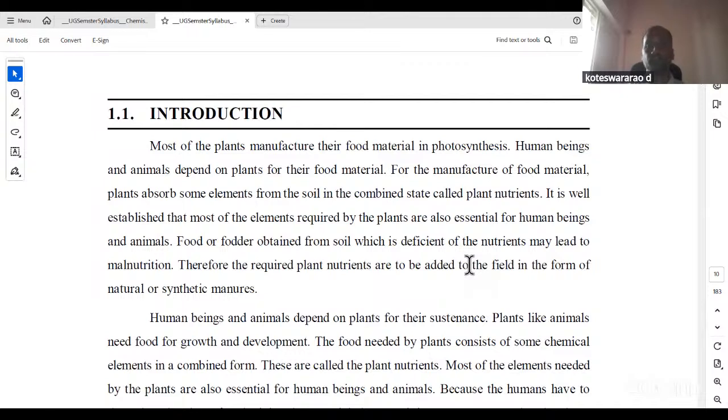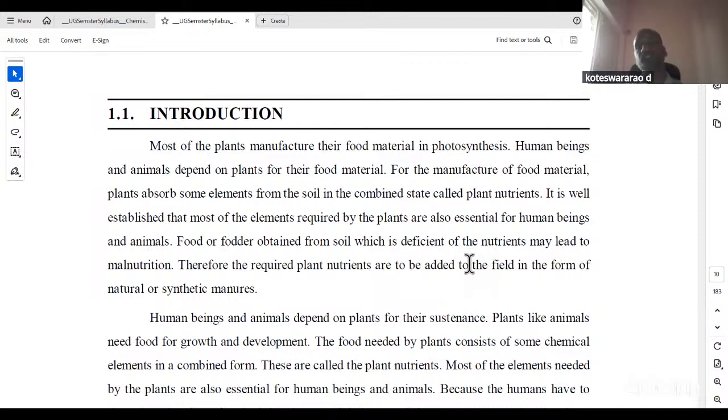Then we know that the plants are the source of food for the animal kingdom, also for humans. What is the reason? Plants can manufacture their food material by themselves using photosynthesis. That food material is also utilized by the animals and human beings. Therefore, most plants manufacture their own food using photosynthesis.